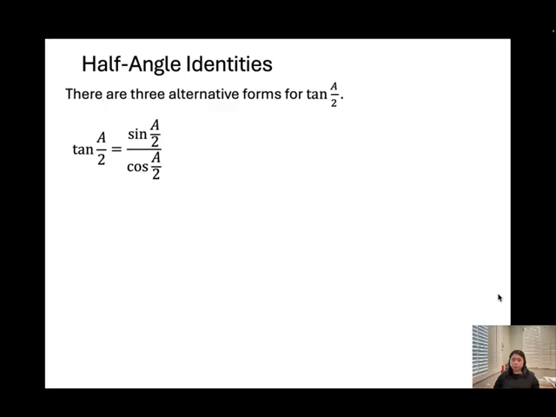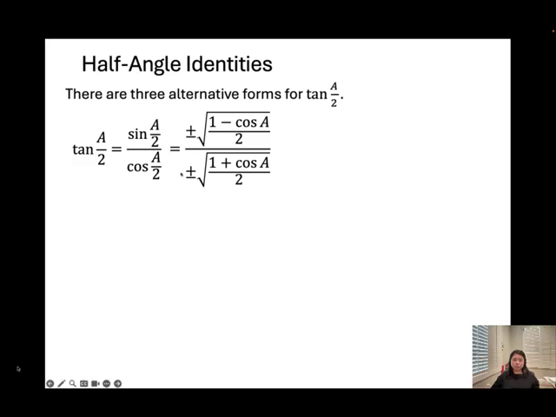From the previous 2 slides, we found the half-angle formulas for sine and cosine, so we just plug them in. We keep the plus minus here, and then we simplify. So this is my first form of the tangent a over 2.